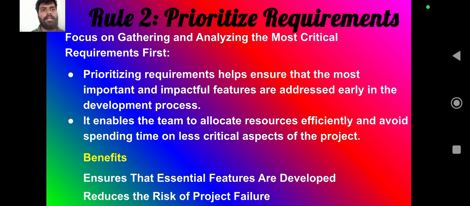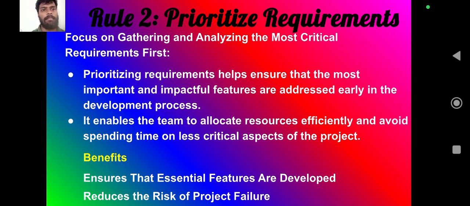That is, the main aim of this is we can keep all the important features that are required for the software in the early stages. If we miss any of the important features, it might be difficult to implement those features at the later stages. So this rule must be followed while developing software.